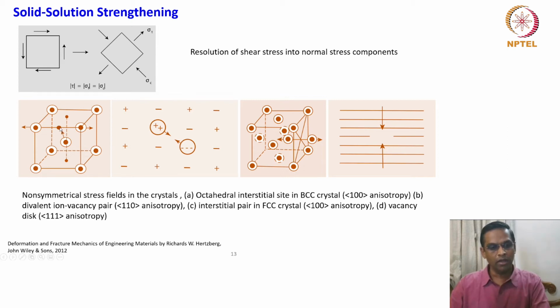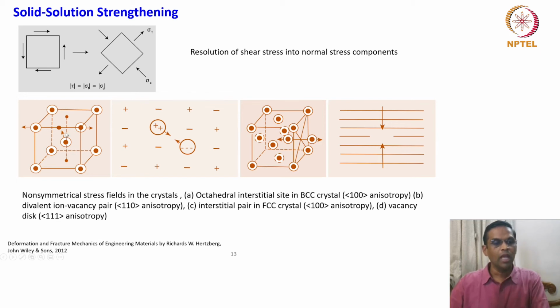So when you have this kind of anisotropy in the void size itself, when the interstitial solute like carbon approaches here, their attraction will be very strong, because the tetragonal distortion which is generated in this BCC lattice is quite large, and that stress field is going to attract this interstitial carbon atom into this octahedral void.